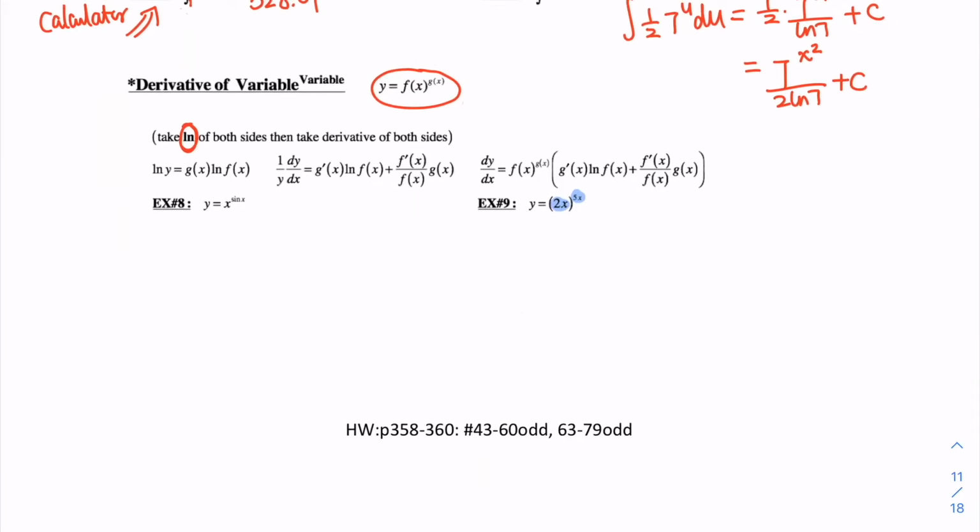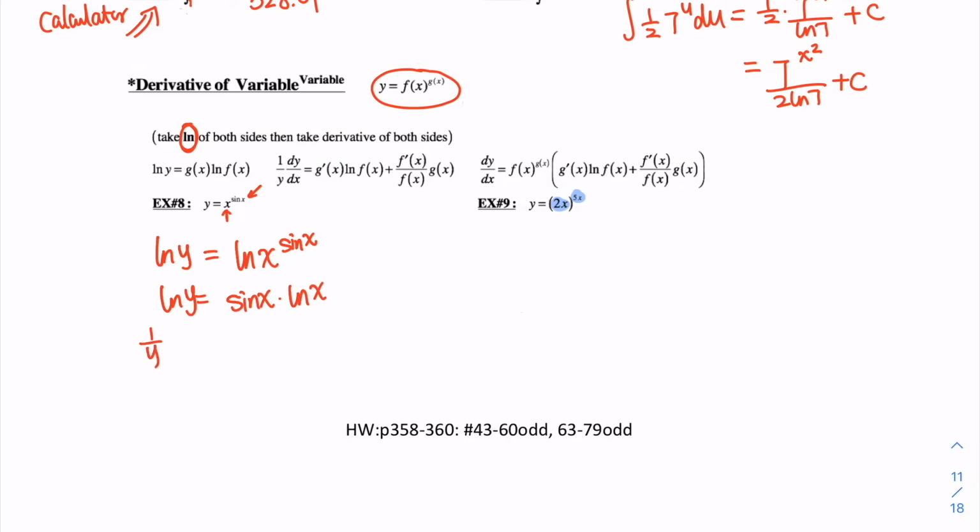So example 8, the base is a function of x and the power is also a function of x. In this case, we are going to apply ln on both sides. And based on the property of ln, the right side will give us sine of x times ln of x.